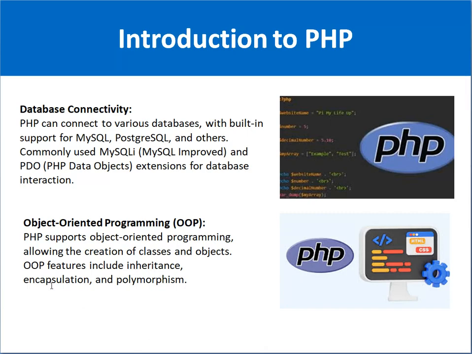Encapsulation means the hiding of data, with the concept of methods, functions, and data. Polymorphism means the same method can have different behaviors. Poly means many, and morphism means behavior. So the basic concepts of object-oriented programming are also available in PHP.